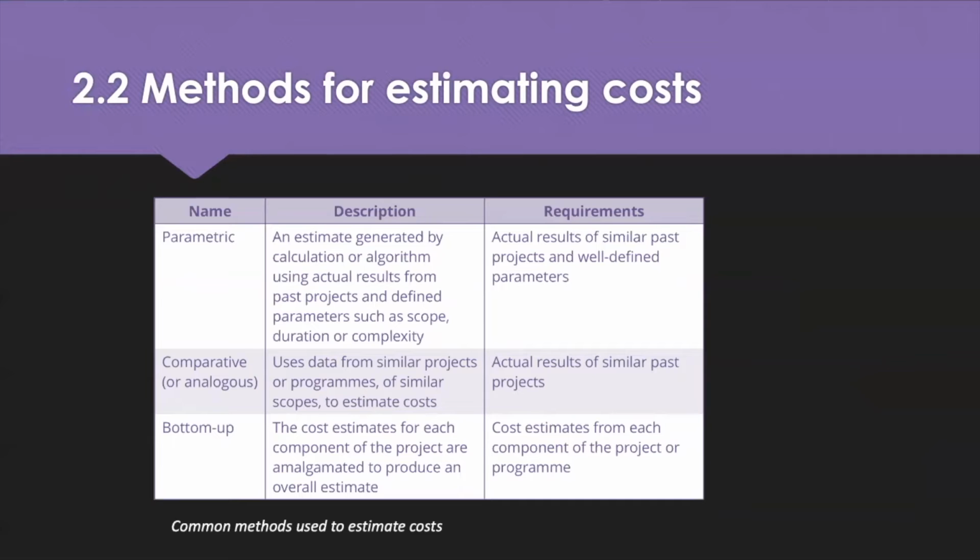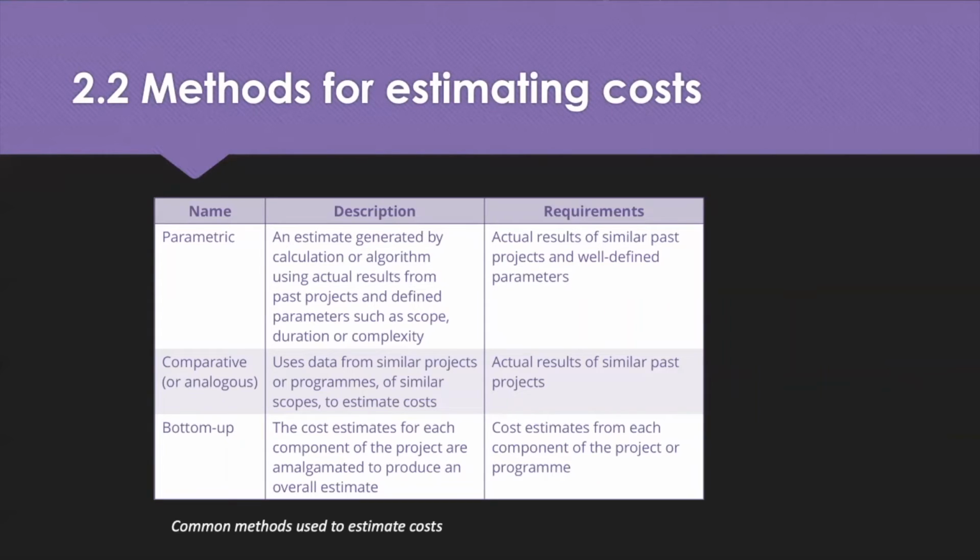And this also shows the defined parameters like the scope, duration, and complexity. Actual results of similar projects in the past and well-defined parameters give us a comparative for the data to use on similar projects in the future.